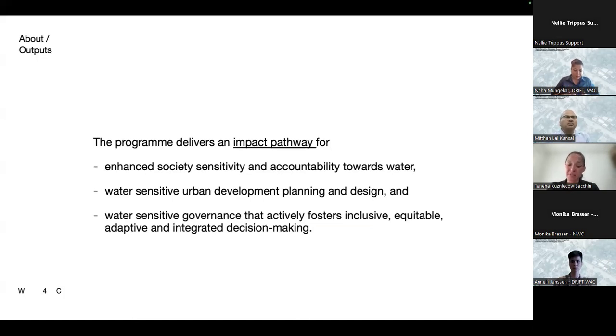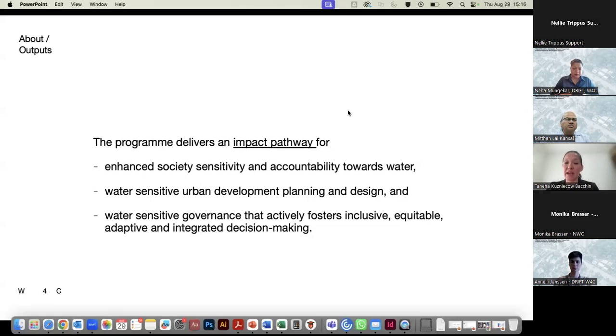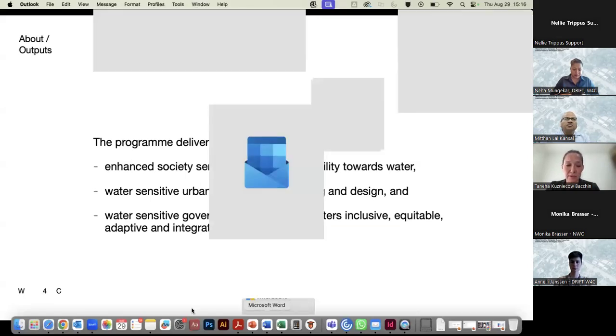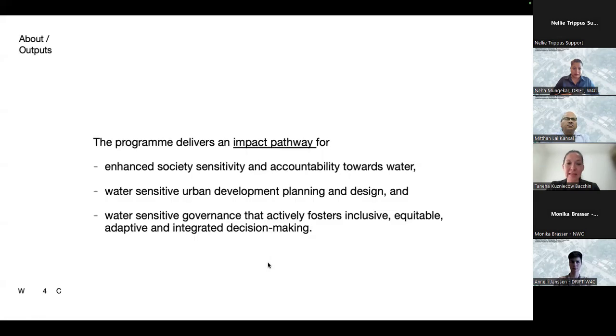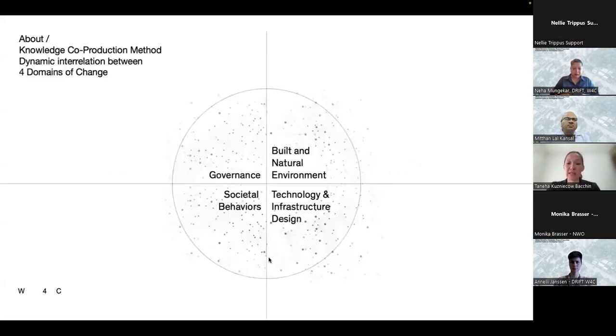The program delivers an impact pathway that guides the compass tool to enhance society's sensitivity and accountability towards water, but also to develop planning and design instruments, and especially to envision a new water sensitive type of governance that can actively foster inclusive, equitable, adaptive and integrated decision making.